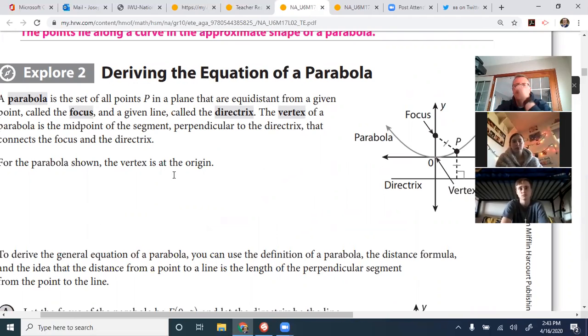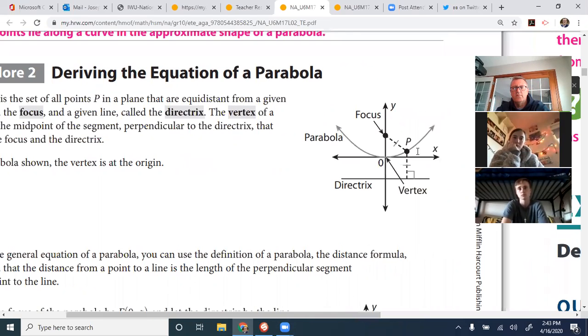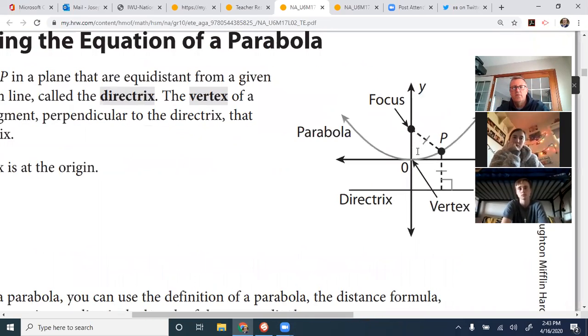Yeah. Okay. So a parabola is a set of all points that are equidistant from a given point called the focus. Okay, so look at my mouse, and I'm going to trace the parabola. Let me move that over just a little bit.